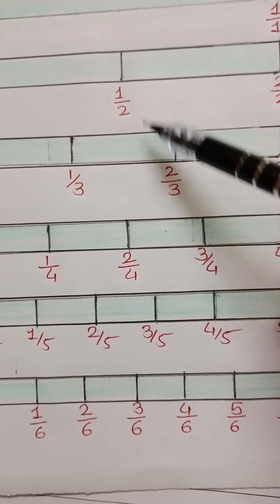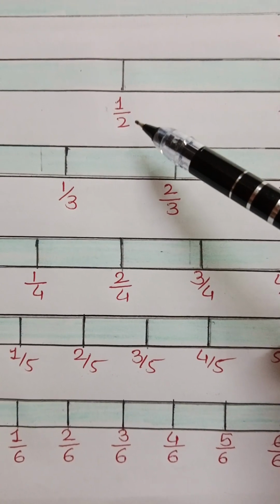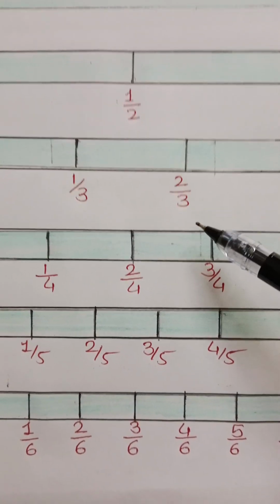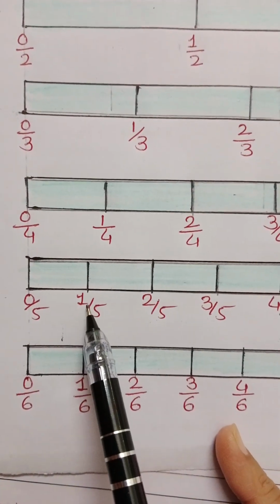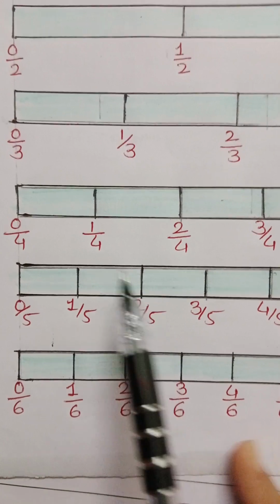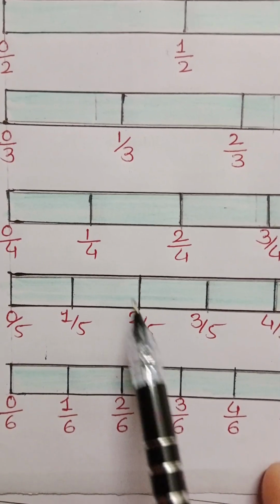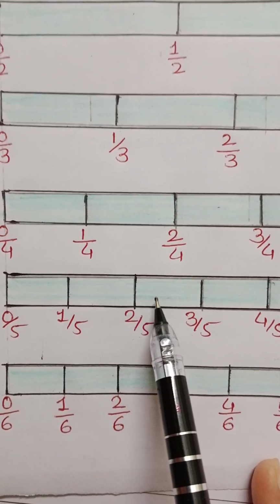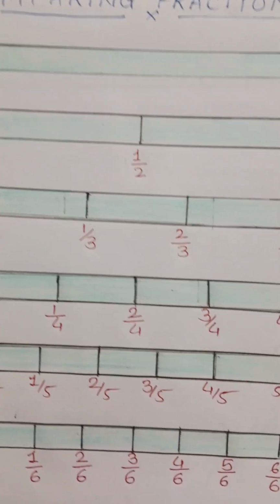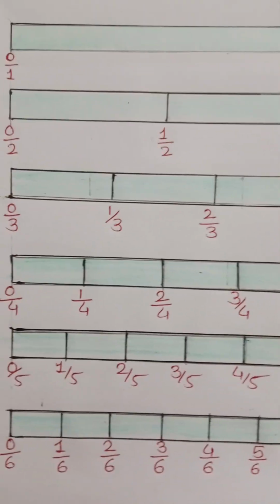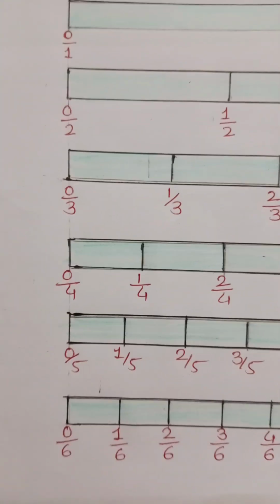If you compare 1 upon 2 and 2 upon 3, then you can say that 1 upon 2 is smaller, 2/3 is actually bigger, right? Same way here, if you check 2/5 or 1/4, is 1/4 bigger or 2/5 bigger? 2/5 is bigger than 1/4, right? So this is how we can compare fractions on a number line.